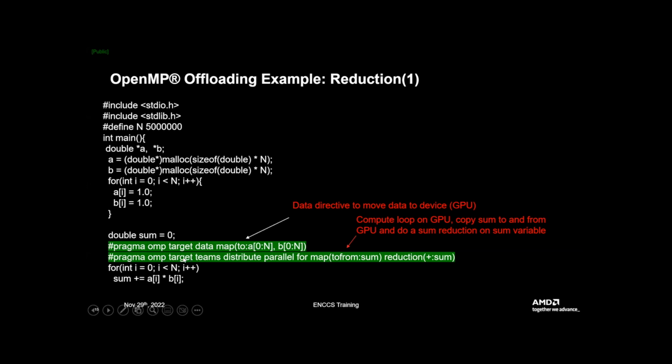Next, to compute this loop on the GPU, we add a target teams distribute parallel for. After computing, the goal is to bring back the value of sum. Because of that, we do the mapping tofrom sum, followed by the reduction operation itself.